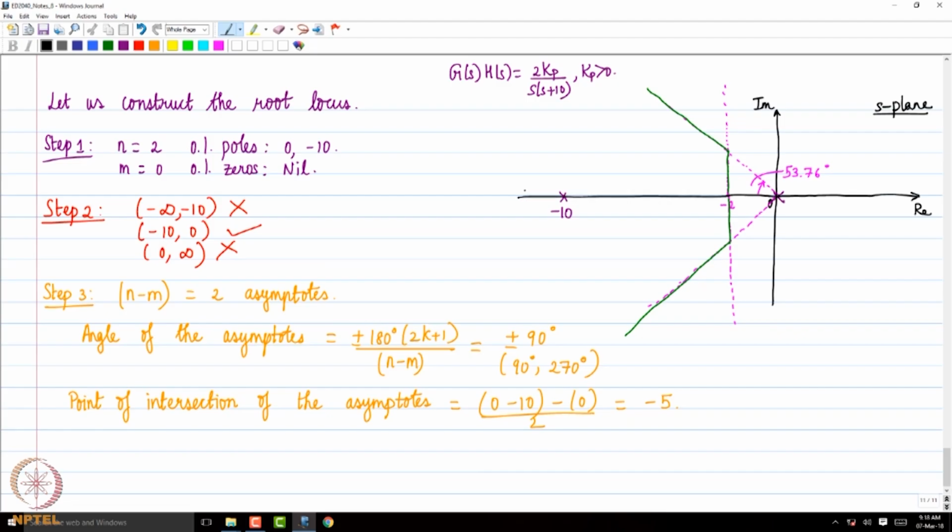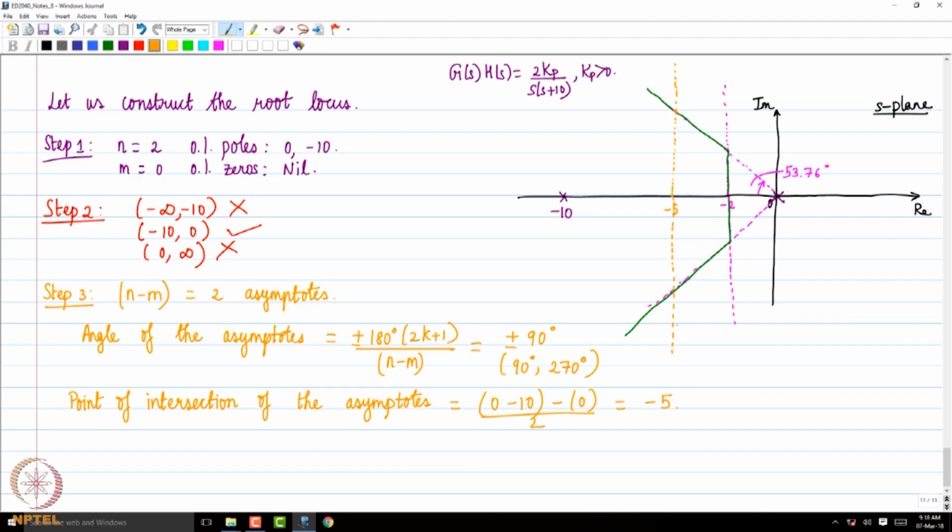So, let us go and mark these things. Let us say minus 5 is somewhere here. What is going to happen is that there are going to be 2 asymptotes. One is going to just go at plus 90, all the way up, and one is going to go at 270 degrees or minus 90.